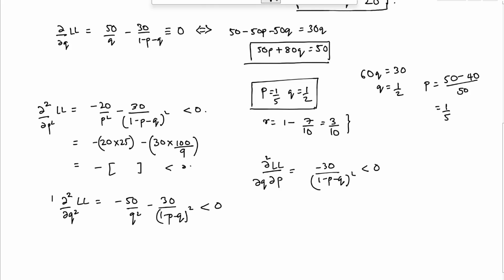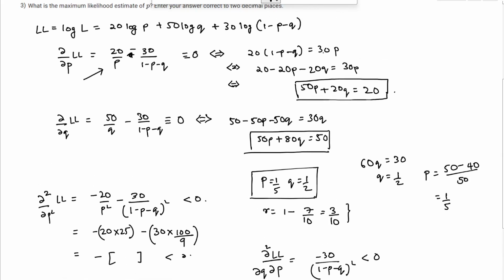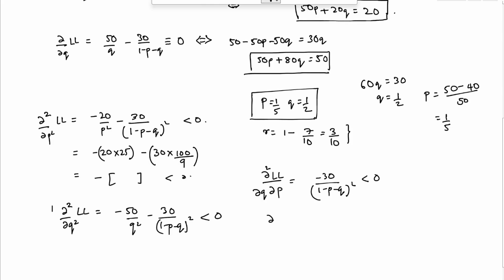Again, this is negative, right? By the same logic, if I take the double derivative first with respect to q and then with respect to p, it will give me the same value. Minus 30 by 1 minus p minus q whole square. Again, this value is negative.